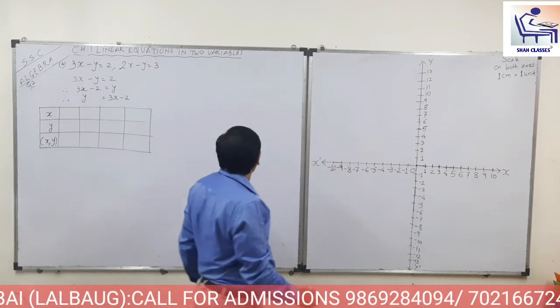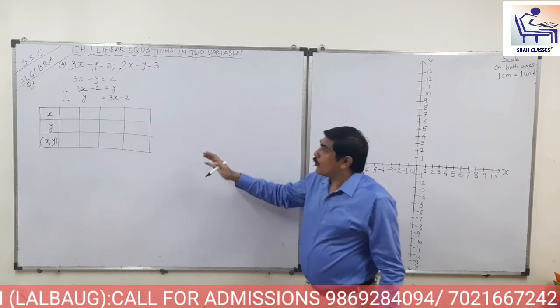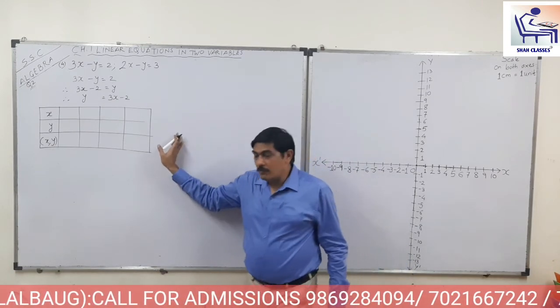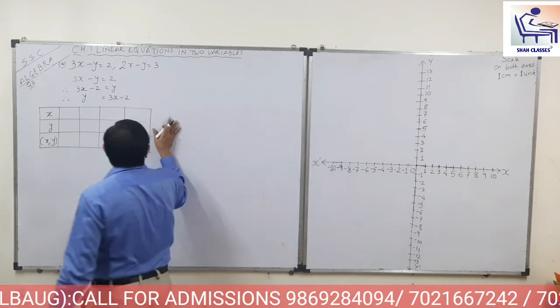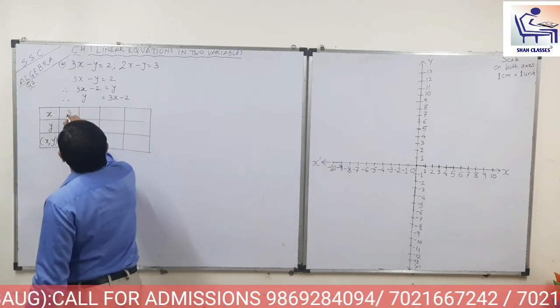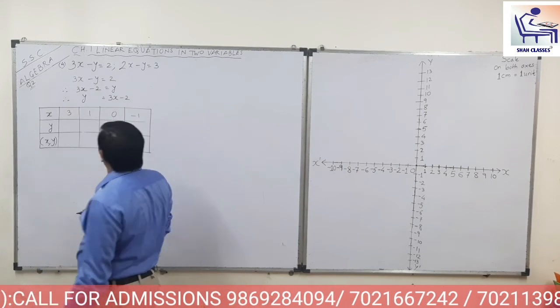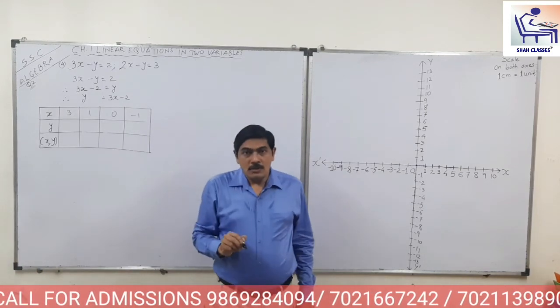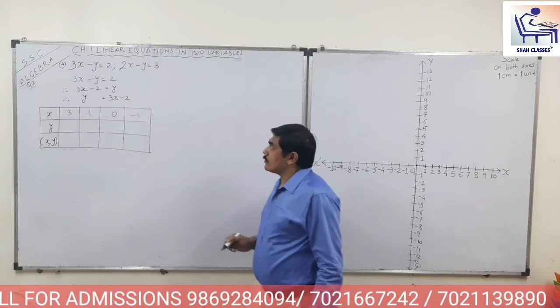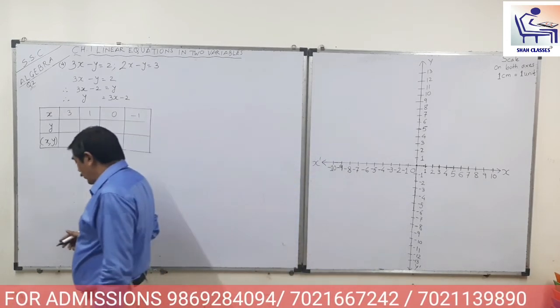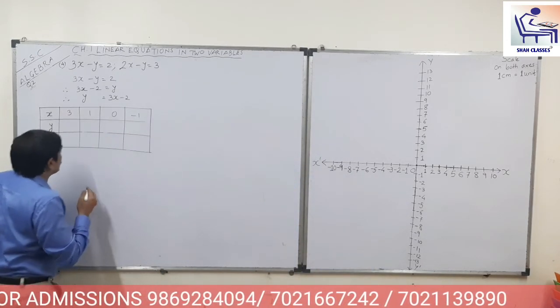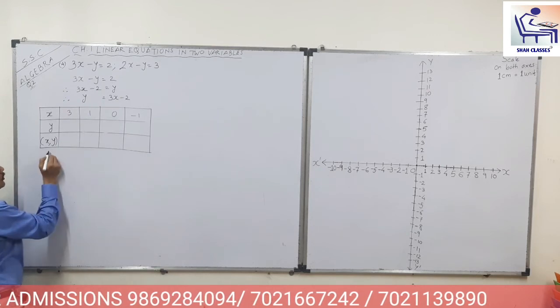We are taking any 4 values here. We can take any 4 values: 3, 1, 0, minus 1. We have taken 4 values. Now we are trying to find out the value of y for these 4 values.